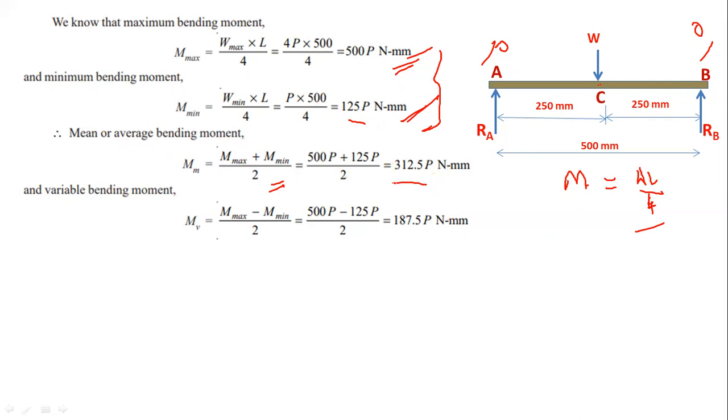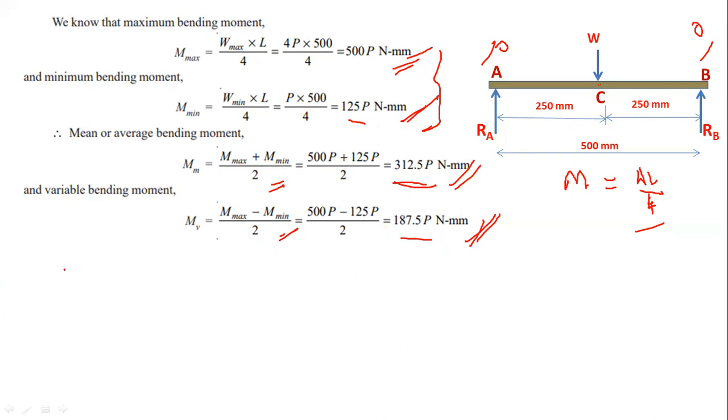This is the mean bending moment. In a similar way, variable bending moment Mv equals maximum bending moment minus minimum bending moment divided by 2. Variable bending moment equals 187.5 P Newton mm. So these two are the mean and variable bending moments.